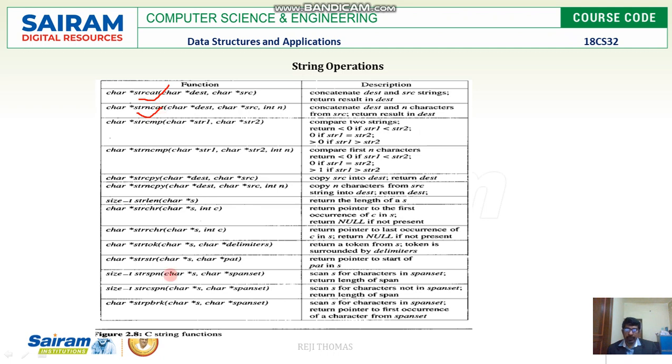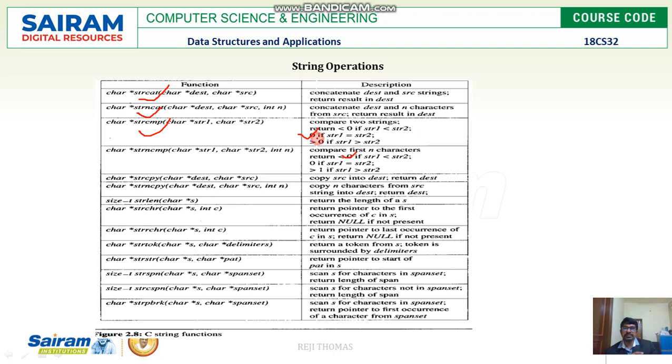Next, you can compare two strings. We have a function called strcmp, which is going to return three kinds of value. One is less than 0: the first string is lesser than the second string, so it returns a value lesser than 0. If both the strings are equal, please remember that the function is going to return a 0 value.